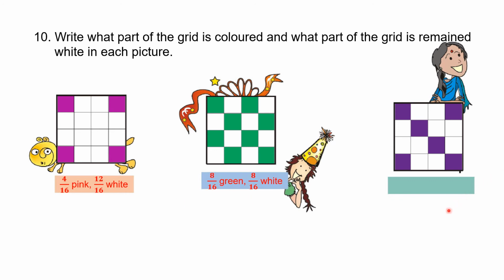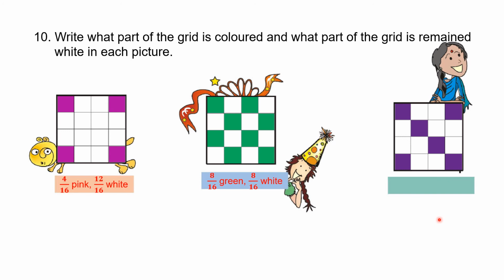See the last one. Now here we have violet color squares. Let us count them. 1, 2, 3, 4, 5, 6. 6 violet color squares are there. 6 out of 16, that is 6 by 16, is violet in color and the remaining white ones, 1, 2, 3, 4, 5, 6, 7, 8, 9, 10.